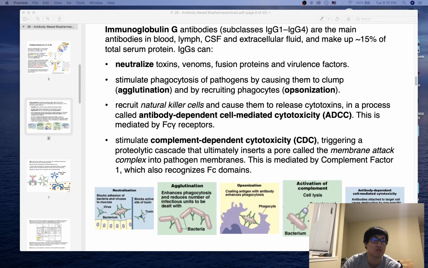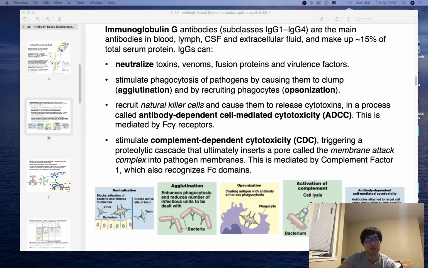Okay, so there are Fc alpha, beta, and gamma receptors. They are just named by the different mechanism of receptor binding.